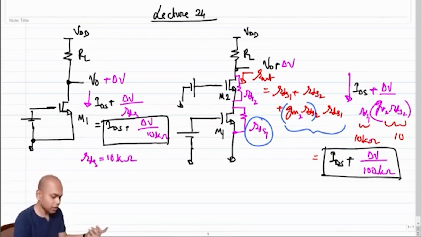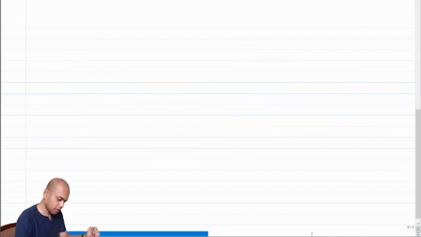This is obvious because this is the backhanded way of saying that the output impedance of our configuration has increased by a factor of 10 in this case, which is equal to gm2 times rds. Okay, so now let's dig deeper into this configuration and see some more interesting things.